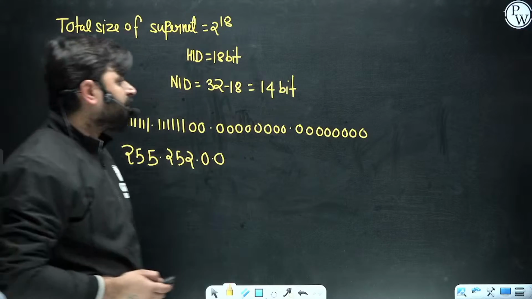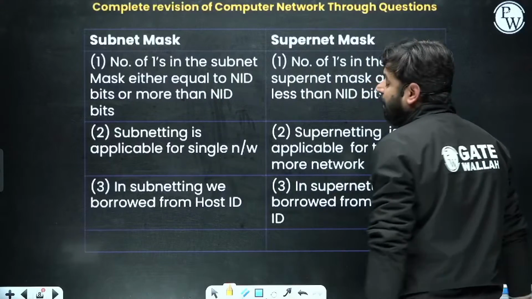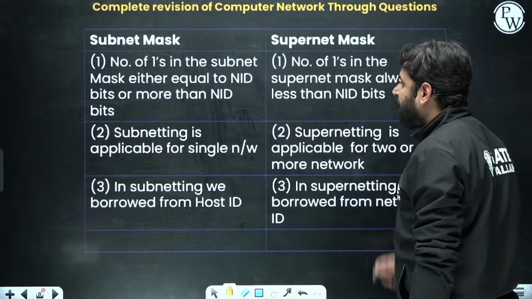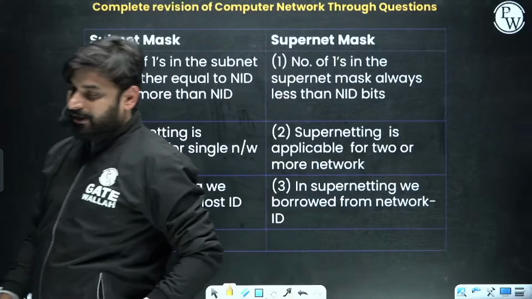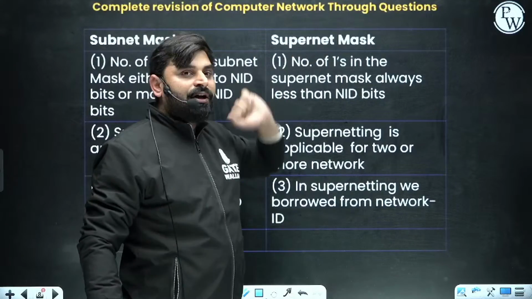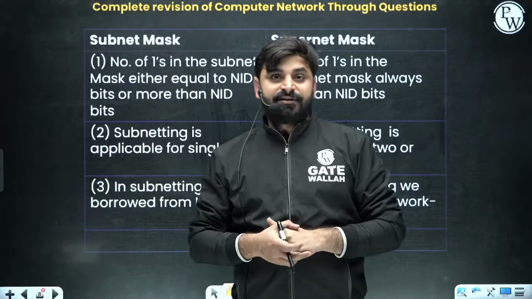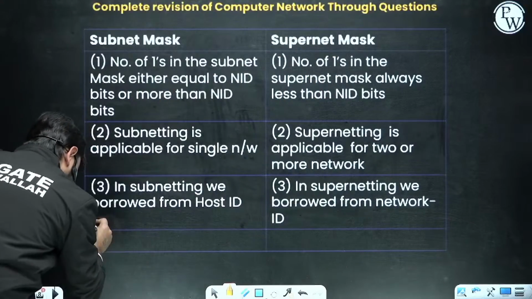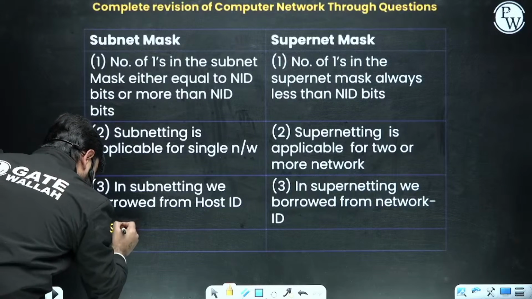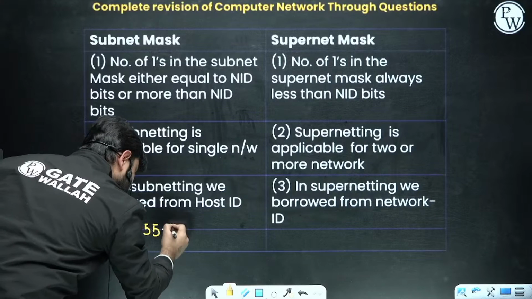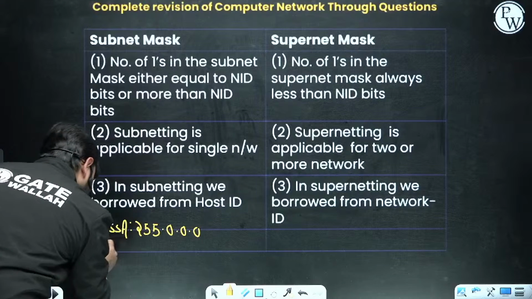Yes sir, very good. Now, my dear friends, I want to tell you some differences between subnet mask and supernet mask, and later we will solve some questions. In the subnet mask, the default subnet masks: class A is 255.0.0.0, class B is 255.255.0.0, and class C is 255.255.255.0.